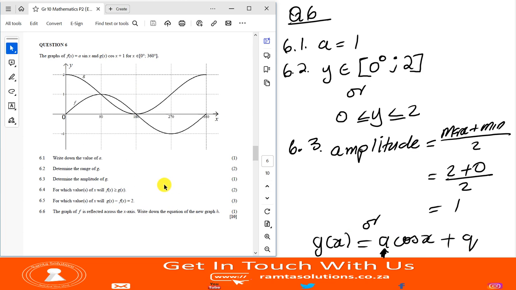Hence, you should simply say amplitude is equal to 1, or simply write 1. It will still be okay, because as you can see, it's 1 mark, guys. I just wanted to explain that the coefficient of cos x is your amplitude. Your coefficient of sin x is also your amplitude. Perfect.